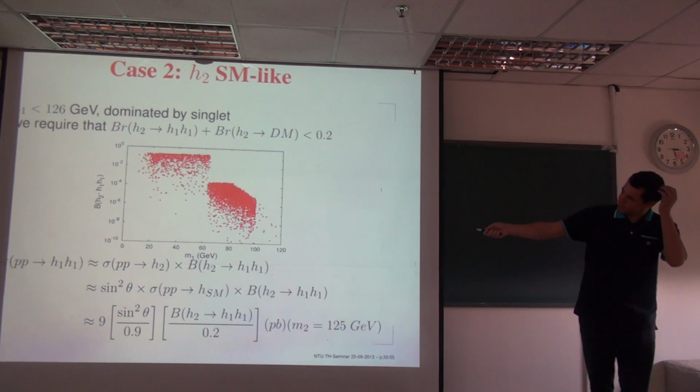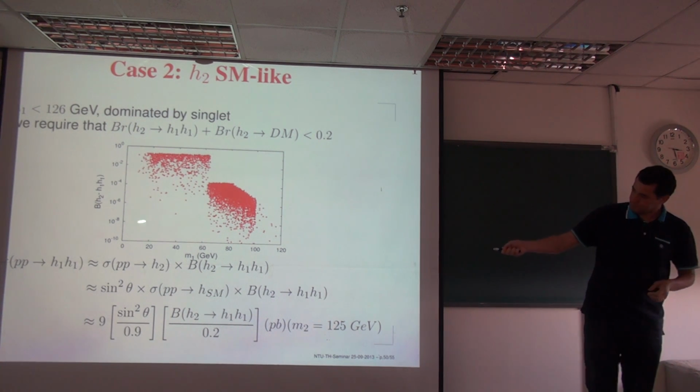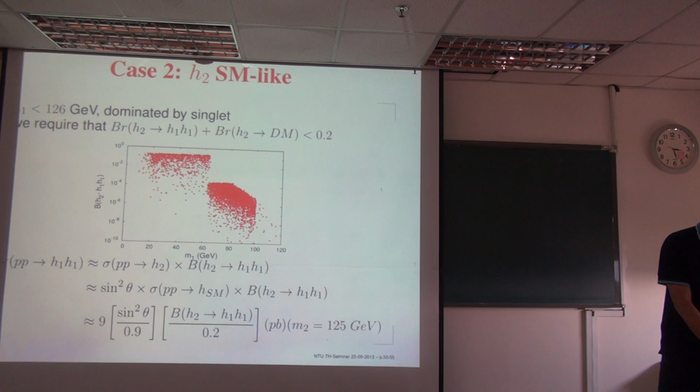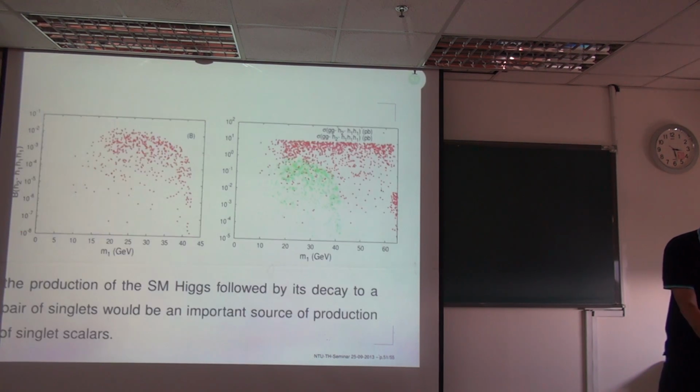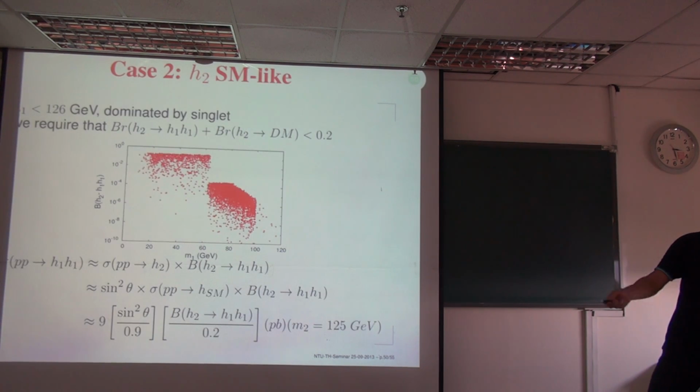So that means that this could be an important source of production of a singlet, because this H1 here is a pure singlet. And to produce a pure singlet in the conventional process is quite difficult.